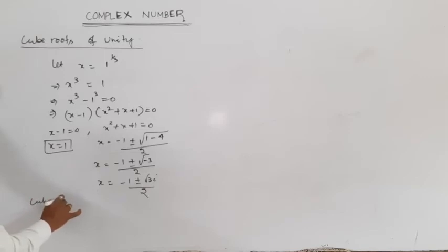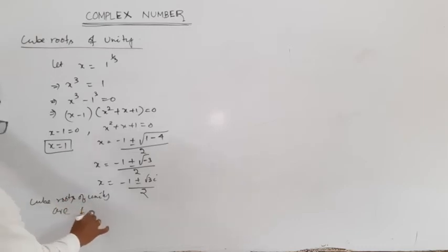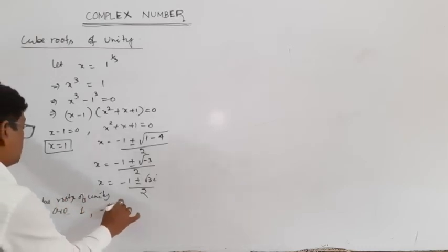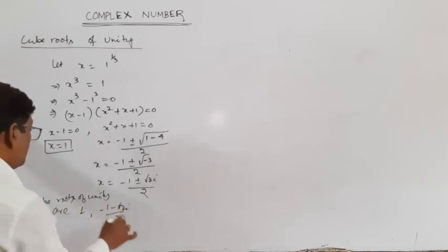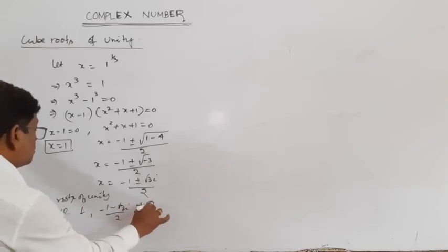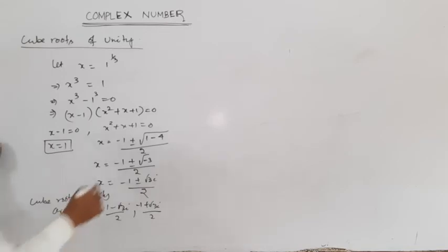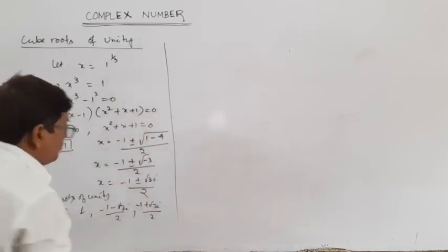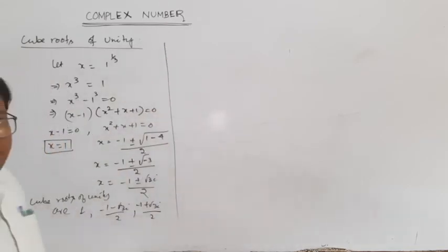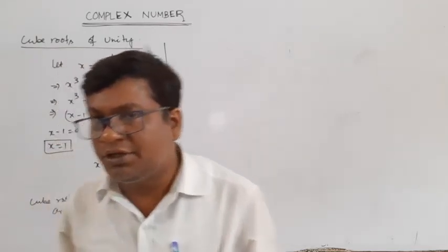Cube roots of unity are 1, minus 1 minus root 3 i by 2, minus 1 plus root 3 i by 2. These are the cube roots of unity. Now properties of the cube roots of unity.